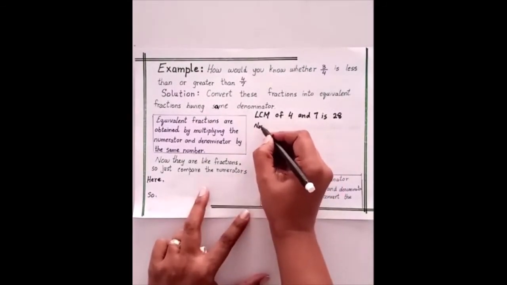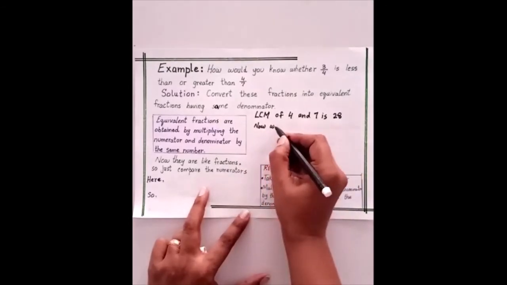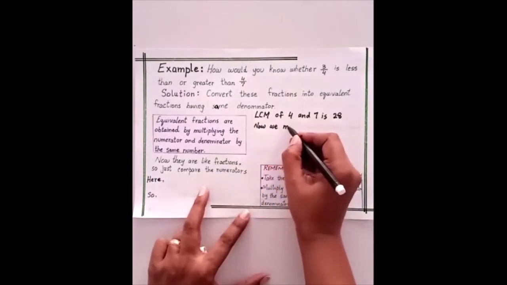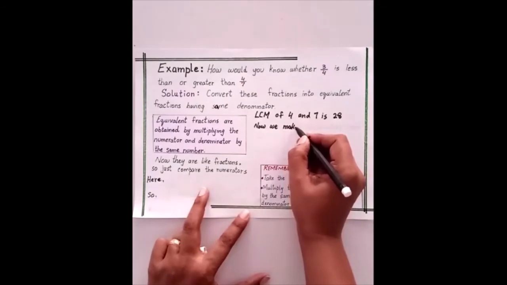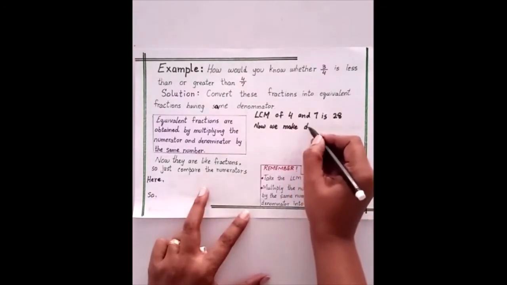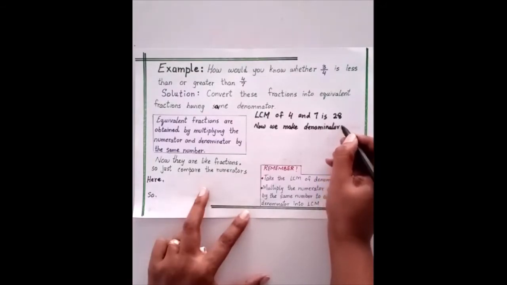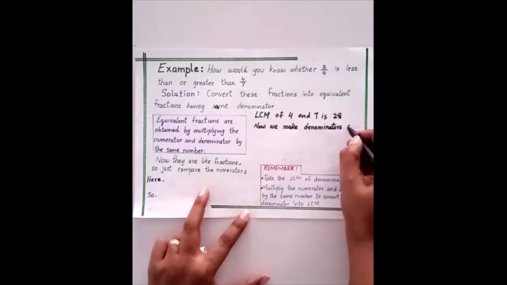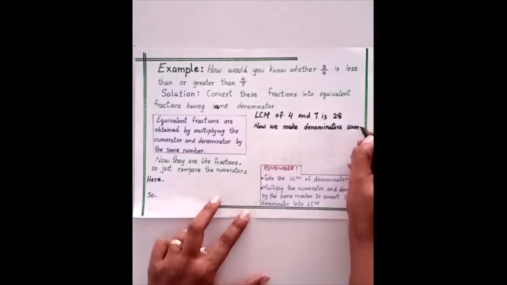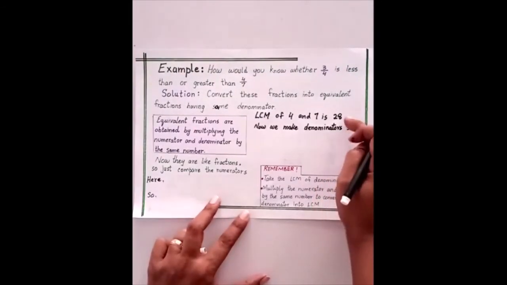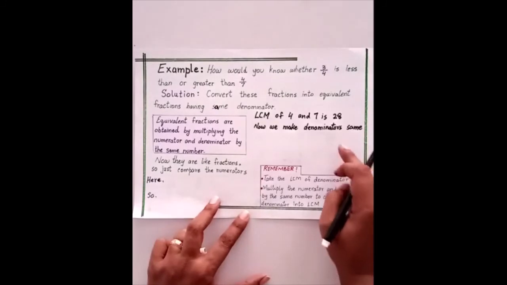Now we make the denominators same. How? 28 should become the denominator in both numbers.